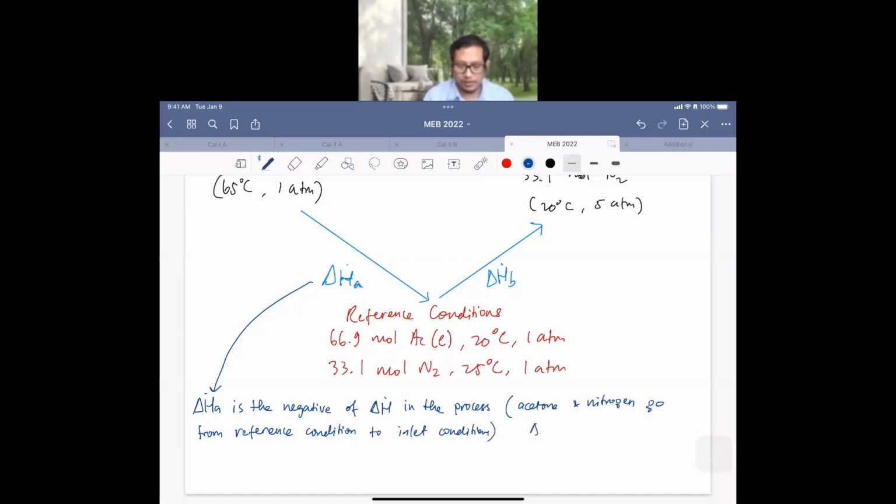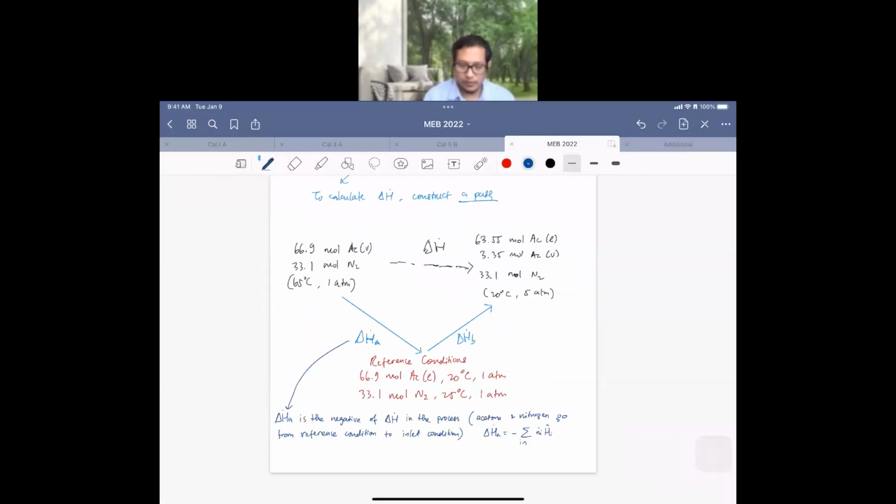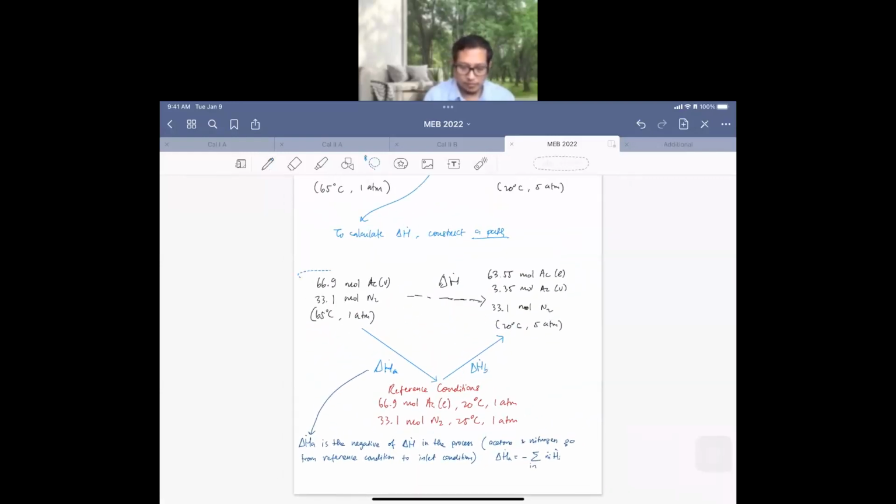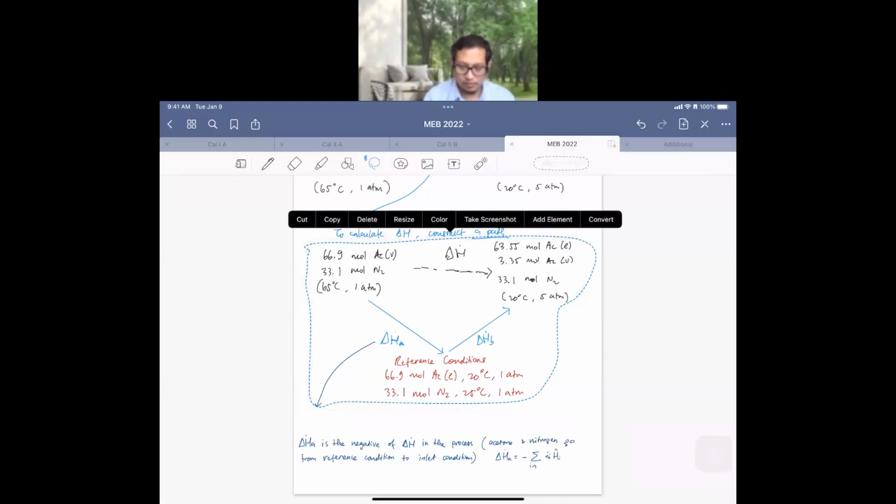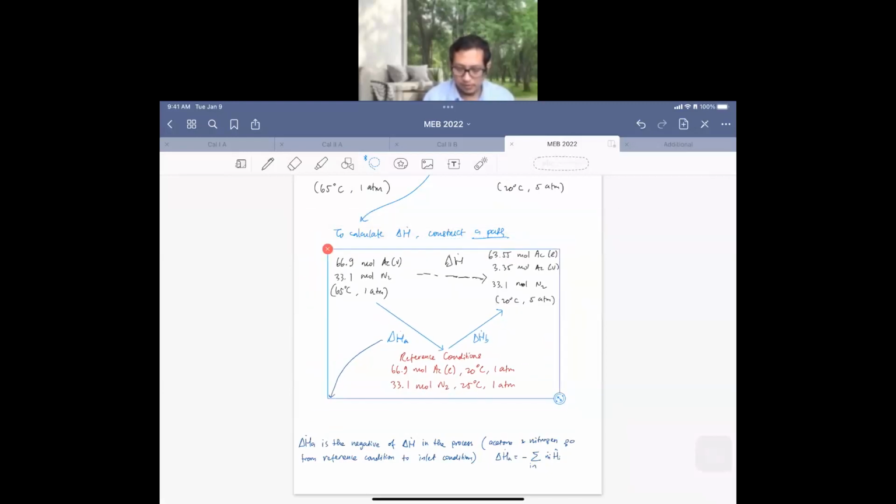Or we could say that the delta H A is the negative of the summation of the inlet. I think we can make it more clear. We go here and make it a little bit smaller.